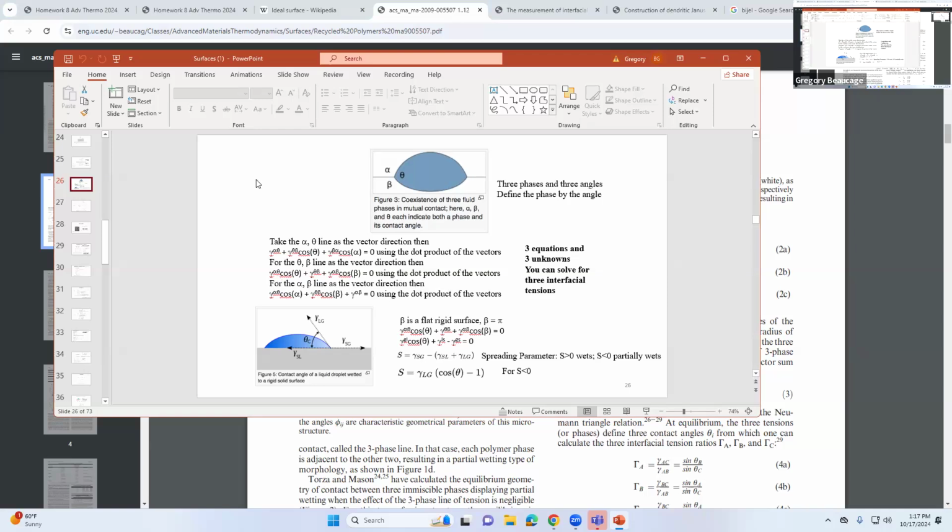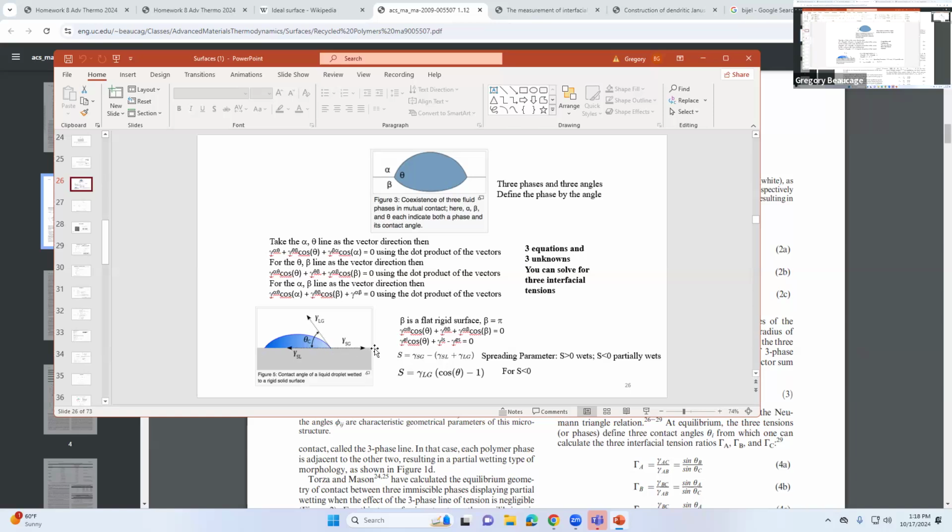Slide 26 describes how the contact angle works through a force balance, so you do a projection of this contact angle, so you're doing a force balance along the surface. So it's like this surface energy versus that surface energy are pulling against each other. So it's this minus that, and then it's plus this times cosine of the angle to project that one down onto the surface.